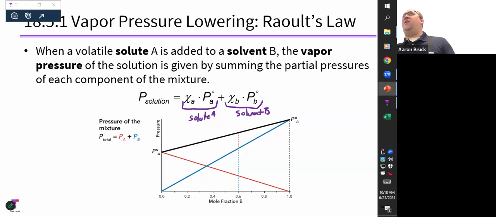Raoult's law tells us how to calculate the individual pressure of a solvent or a solute. If I want to figure out the vapor pressure of the solution, I just need to add together all of the parts that vaporize. And Raoult's law tells me how to calculate the vapor pressure of each individual component.